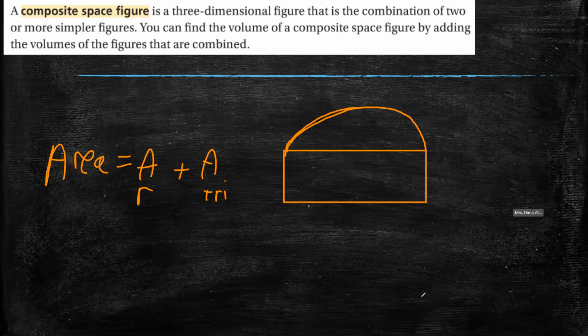To find the volume of the composite figure, you have to add the volume of each figure, as we did here in the areas. We add the area of the first shape plus the area of the second shape. And if you want to find the volume of the composite figure, we have to do the same.